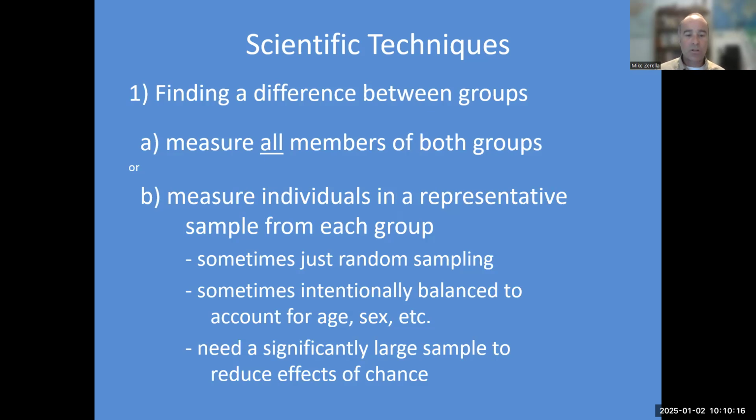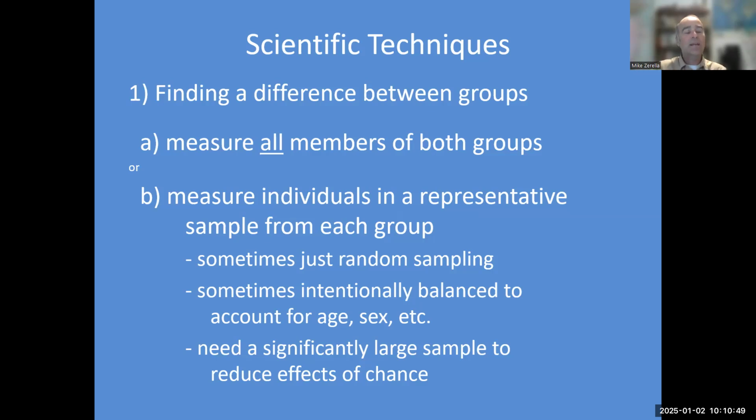But in normal circumstances, under real conditions, that's rarely possible. Usually we're dealing with thousands or maybe even millions of individuals. So it's practically impossible, really, to measure every single individual. So instead, we take a representative sample of individuals from each group as best we can, and then measure the relevant property in those individuals in the representative sample, take an average of those individuals and compare them.